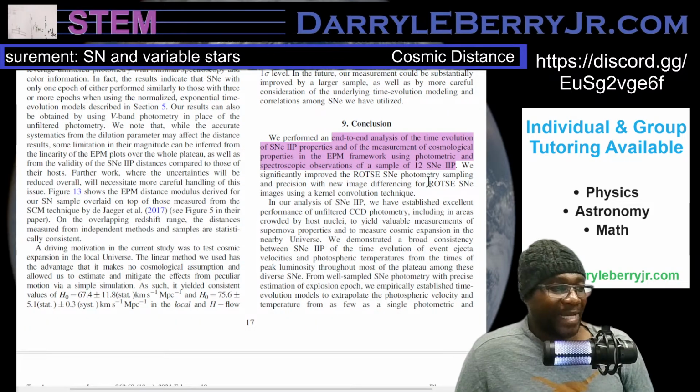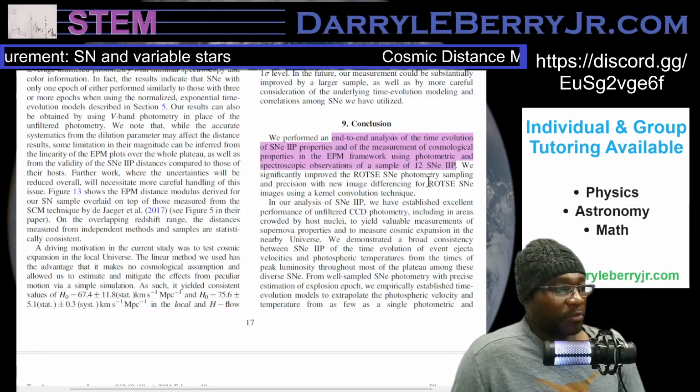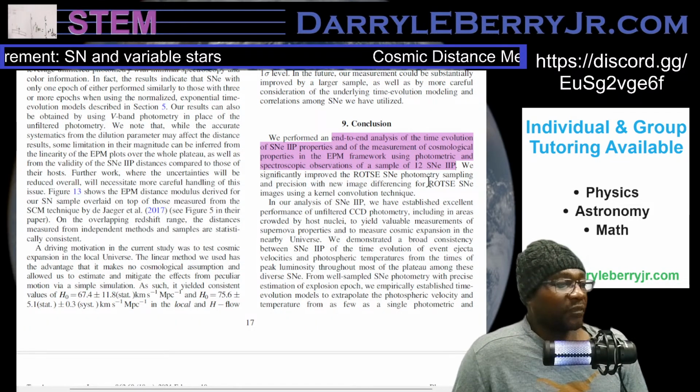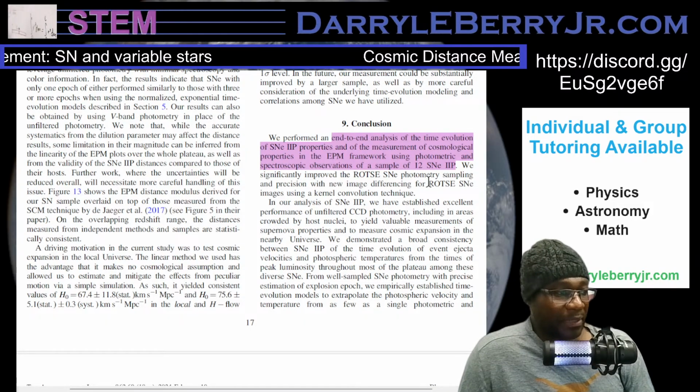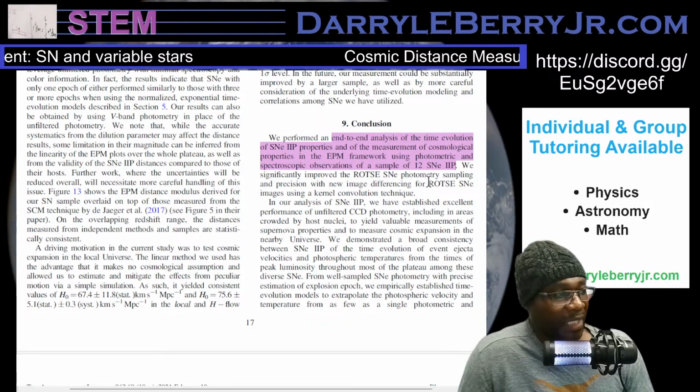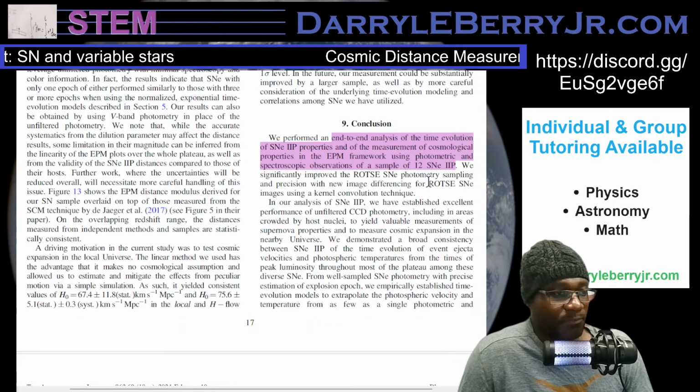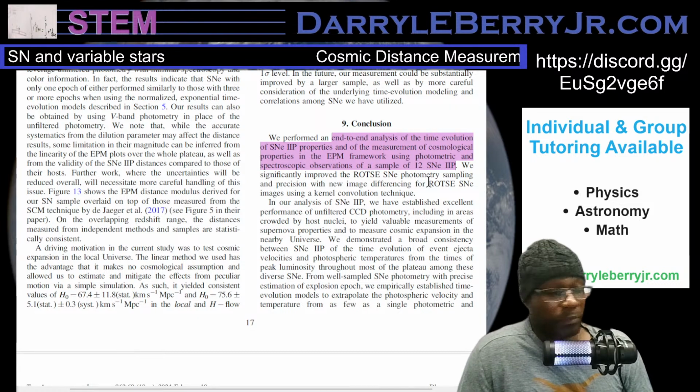We performed an end-to-end analysis of the time evolution of 2P properties and of the measurement of cosmological properties in the expanding photospheric method framework using photometric and spectroscopic observations of a sample of 12 supernovae 2P.